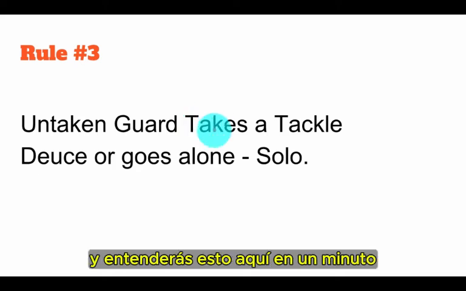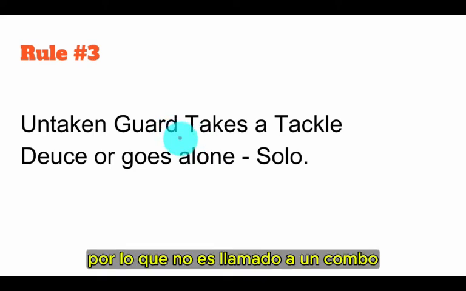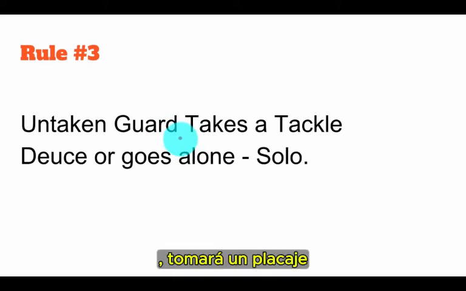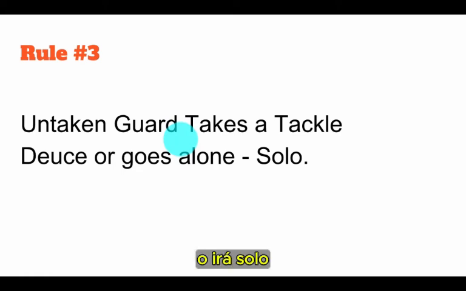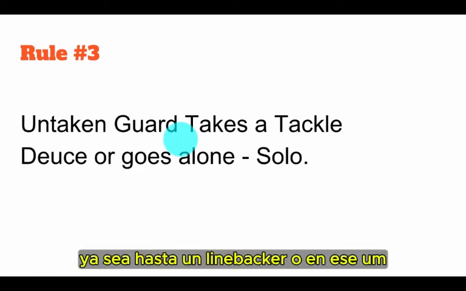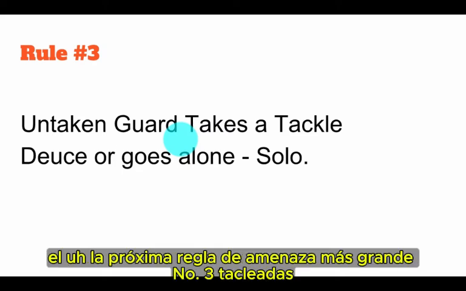You'll understand this in a minute when I start showing you the pictures. But his basic rule is untaken guard, so he's not called into a combo. He's going to either take a tackle in a deuce combo to the next linebacker, or he's going to go alone solo, either up to a linebacker or on that next defensive lineman, whoever's the next biggest threat.